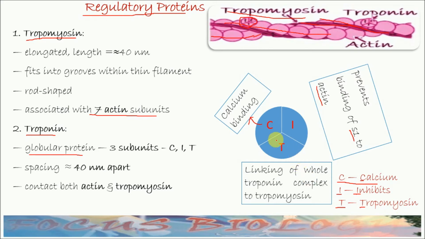This is responsible for association of whole troponin subunit to tropomyosin. Now one is this troponin molecule, another is this. The distance between these 2 troponin molecules is about 40 nanometer.